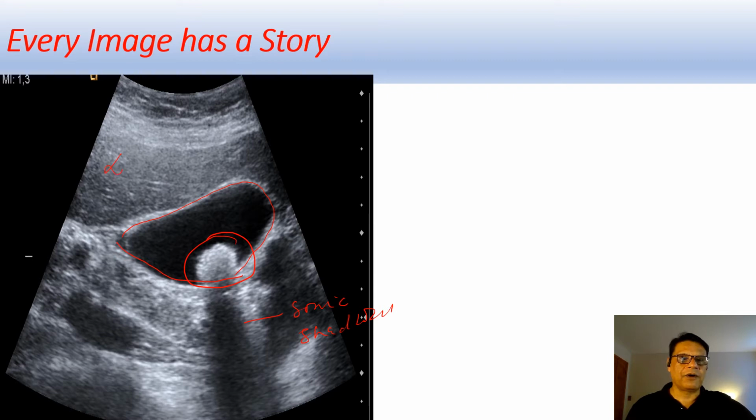And here is the part of the liver. So this image is telling a secret story of a patient who has a gallstone, a stone in his gallbladder. And how are you able to understand that story?